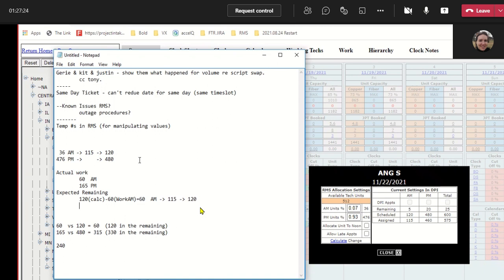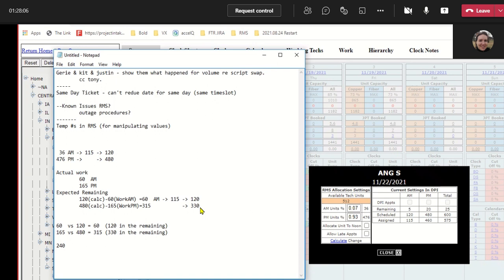And then same exercise for the PM, right? 480 is the calc. 480 minus 165 work PM is 315, which has no min, but because of the increments, it becomes 330. That would be our expected remaining. Okay. But we don't have that.